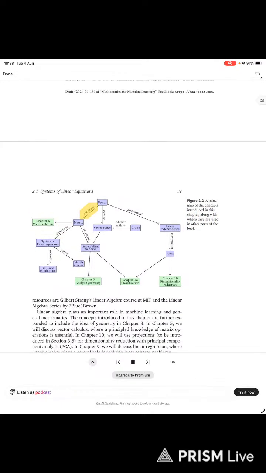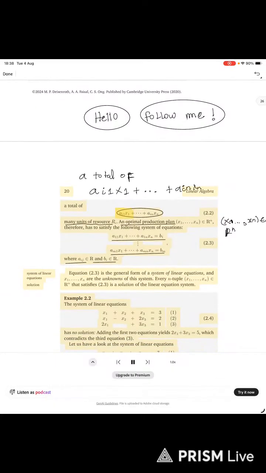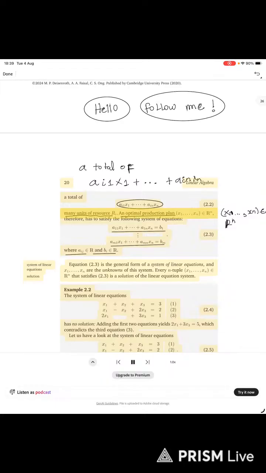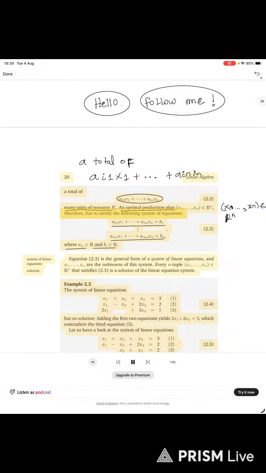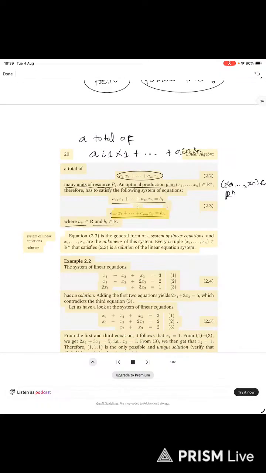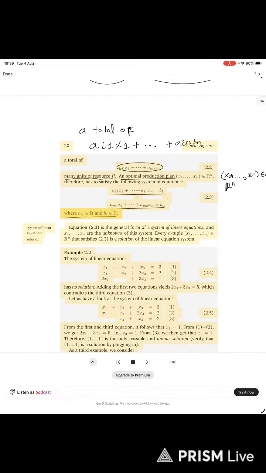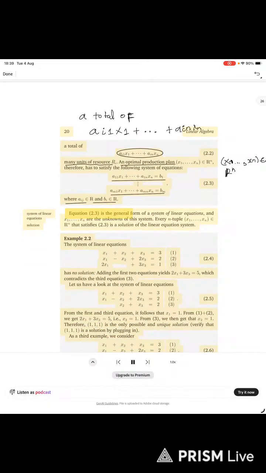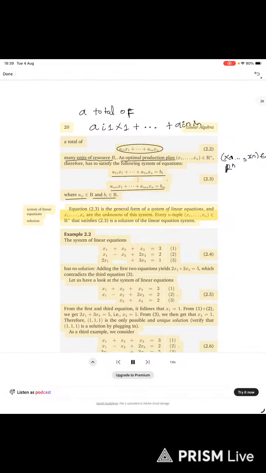A total of ai1 times x1 plus up to ain times xn units of resource Ri. An optimal production plan x1 to xn, therefore, has to satisfy the following system of equations: a11 x1 plus up to a1n xn equals b1, up to am1 x1 plus up to amn xn equals bm. Equation 2.3 is the general form of a system of linear equations, and x1 to xn are the unknowns of this system.